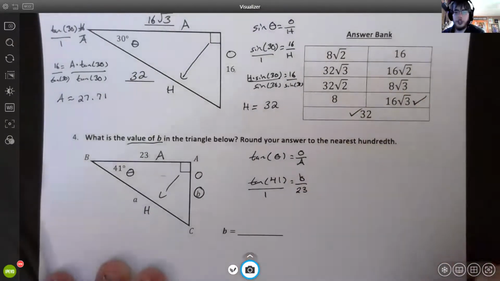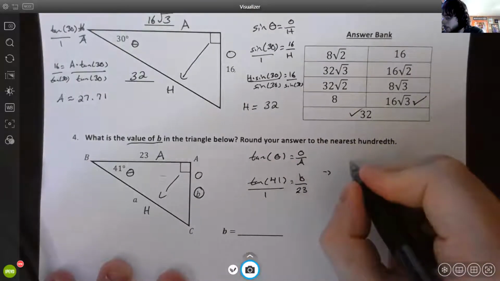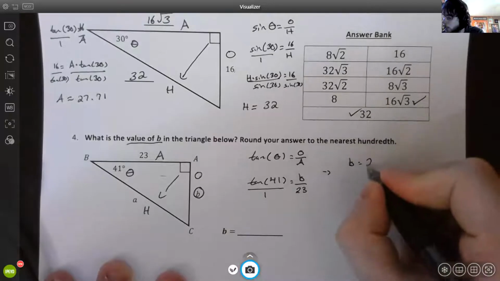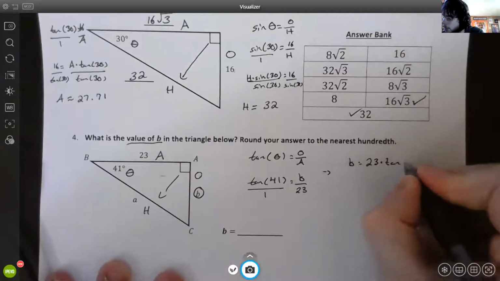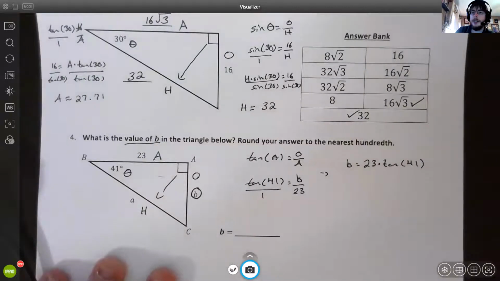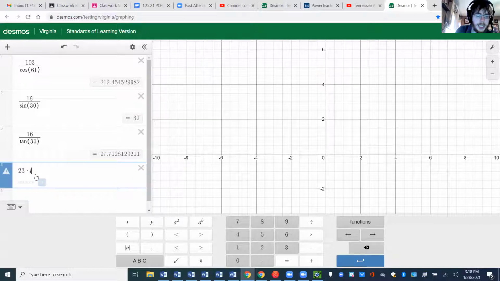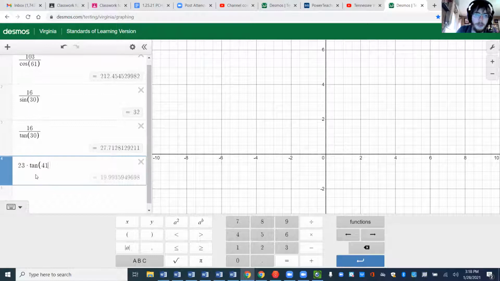Put tangent of 41 over 1, cross multiply, and we get that B is equal to 23 times tangent of 41. Typing that in the calculator, you get 23 times tangent of 41, rounded to the nearest hundredth, is 19.99.